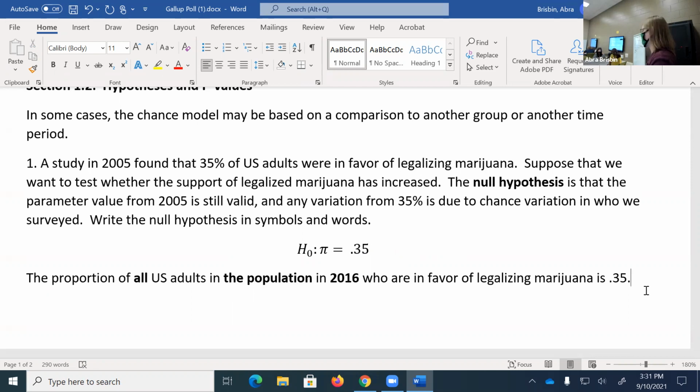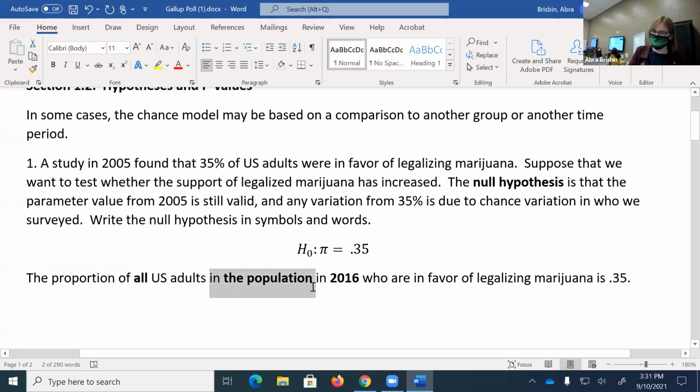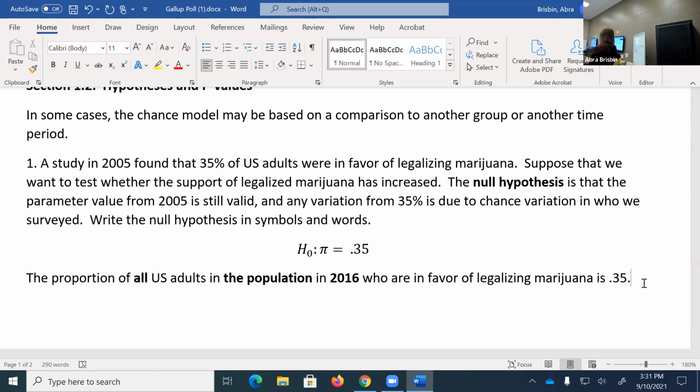So I've highlighted some keywords here. The words all and in the population are there to remind ourselves and our readers that this pi, this parameter, is a parameter.